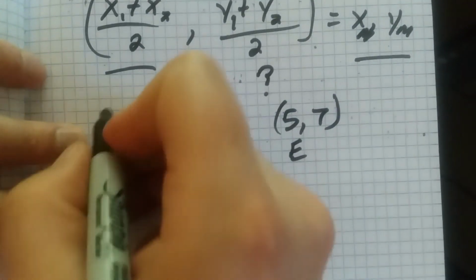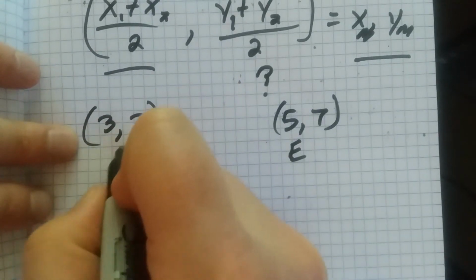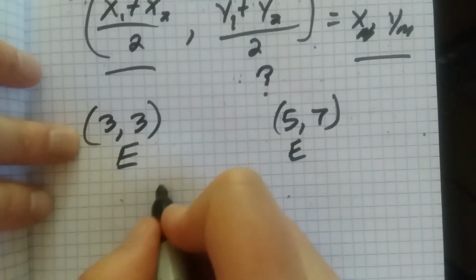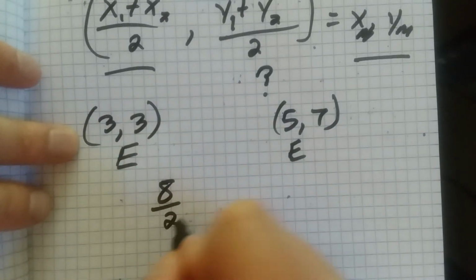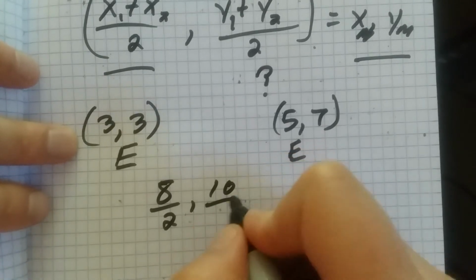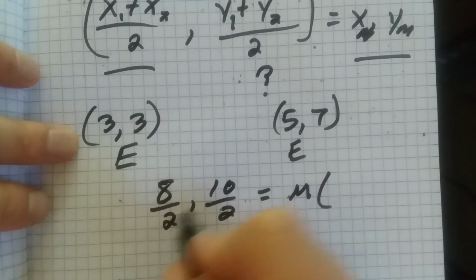Let's do something easy, 3, 3 is the other endpoint. If we plug that in, x plus x gives me 8, dividing by 2. 3 plus 7 gives me 10, divided by 2. So the midpoint is what? 4, 5?